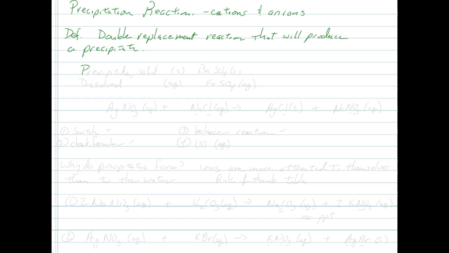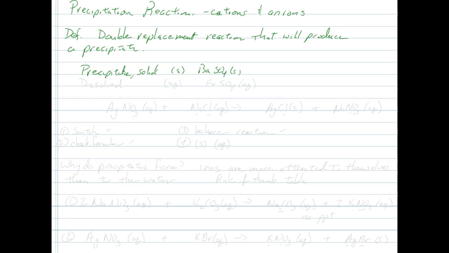To designate or show you that you have a solid or a precipitate, what you do is you place an S in parentheses after the element. So if you have BaSO4 and that's a solid, you put an S after it.